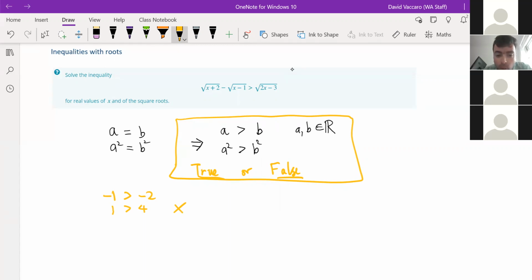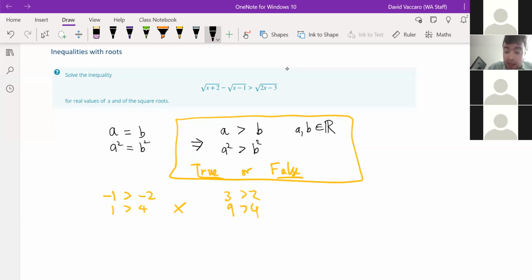So when would this statement, A is bigger than B, imply A squared is bigger than B squared? Now, if I take away that problem of negative numbers, if both sides are positive, if 3 is bigger than 2 and 9 is bigger than 4, okay?